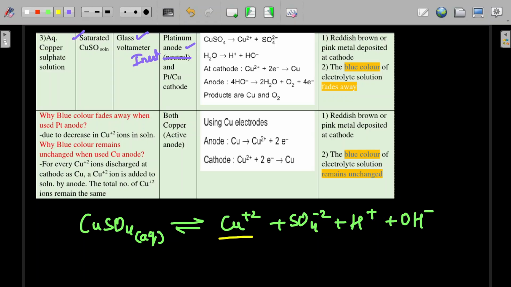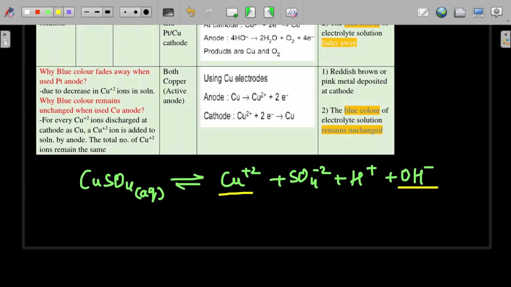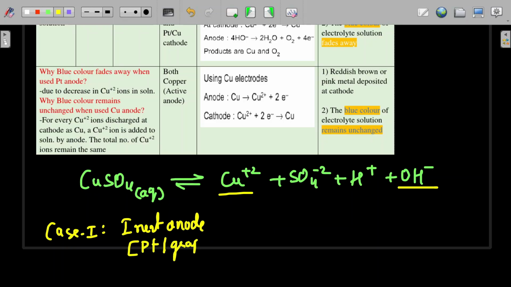And between sulfate and hydroxide, hydroxide is below, that will get preferentially discharged. This is case number 1, where we are using an inert anode. It may be platinum, mainly platinum we use, or we can also use graphite.